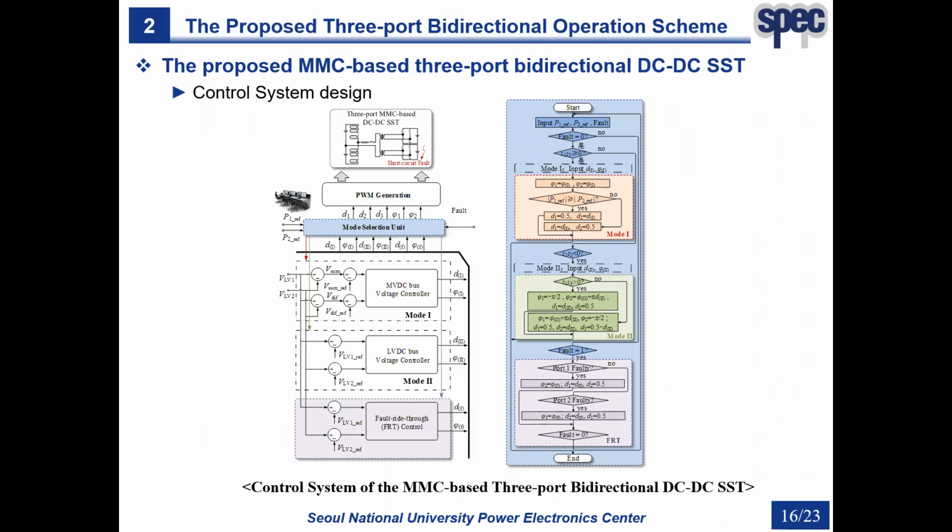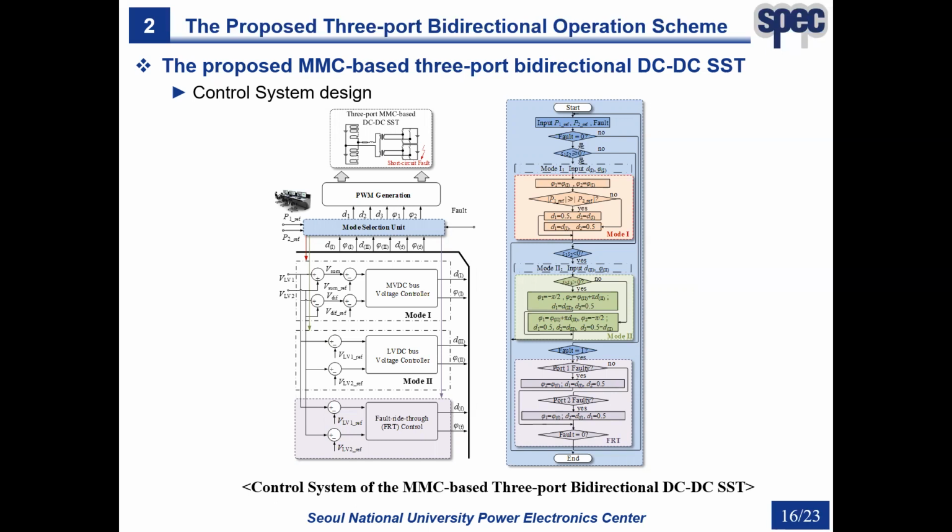The control system is designed to realize the proposed operation scheme and fault ride-through capability, and mainly consists of a mode selection unit and a power control unit, including fault ride-through control. When the power reference is delivered, the mode selection unit activates the corresponding operation scheme based on the power polarities and sends gating signals to the SST through the PWM generation unit.